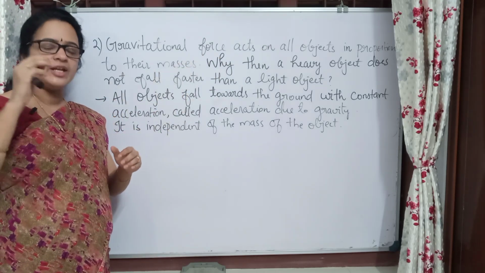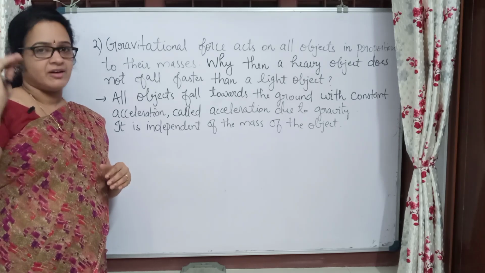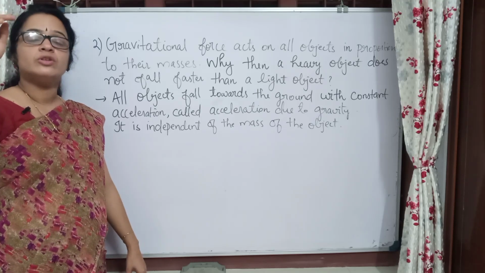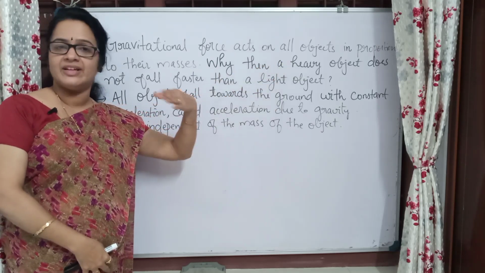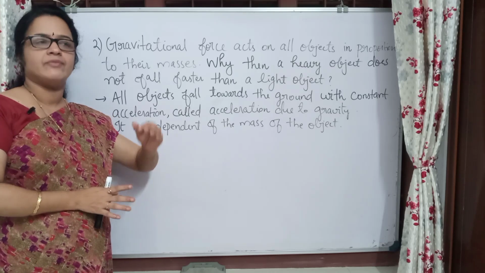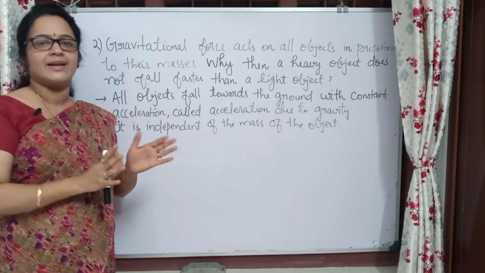Suppose we drop two objects, a coin and a paper, from the top of a tower or a building. Both have different masses, but they will reach the ground at the same time, as long as we neglect the air resistance.